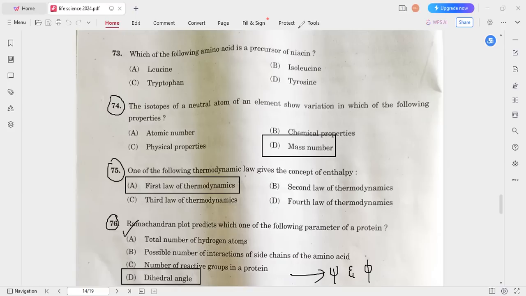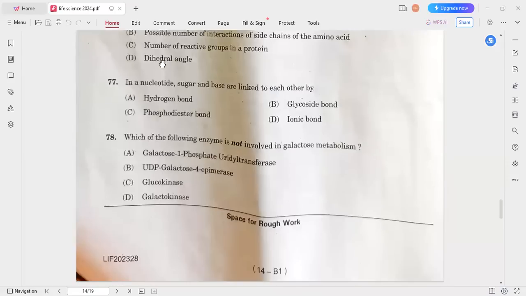So now move on to the next question, that is 77. In a nucleotide, sugar and base are linked to each other by what? For example, a nucleotide which contains ribose sugar, and this ribose sugar forms a bond with three phosphate groups.